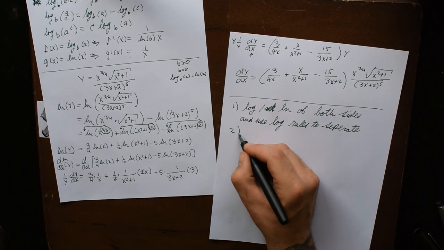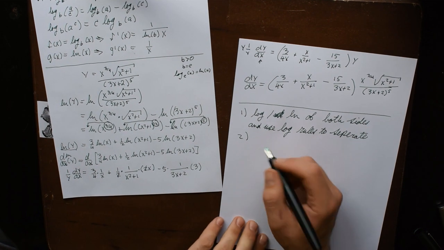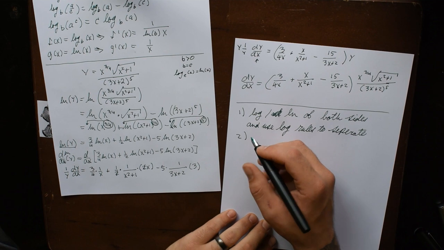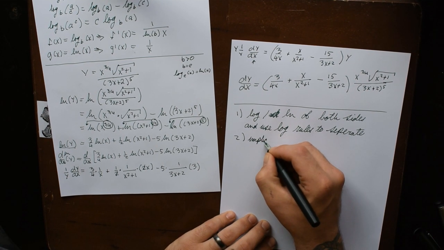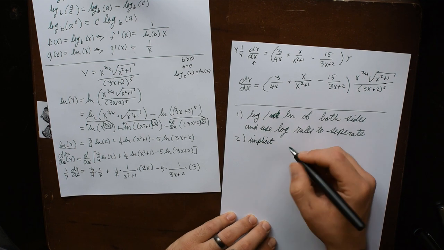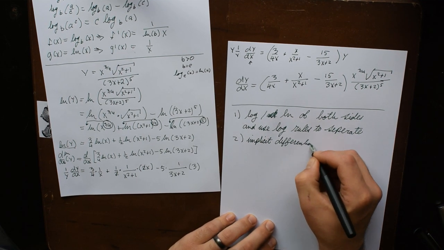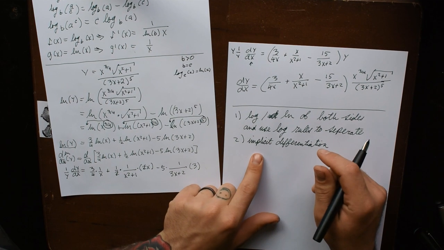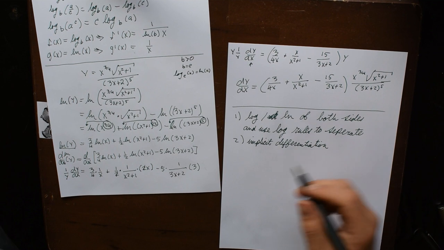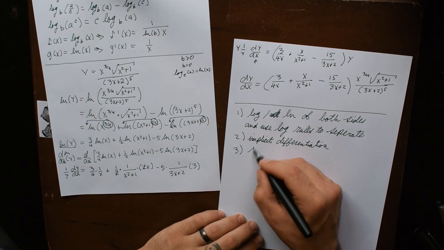Then what we did, so we separated, then we did an implicit derivative. We did implicit differentiation. After we did implicit differentiation, well, kind of a part of implicit differentiation is solve for y prime.